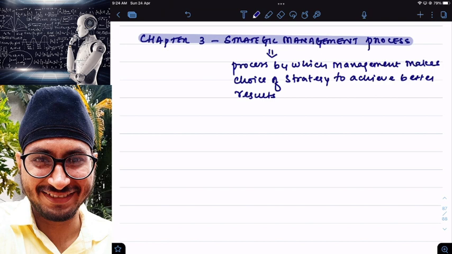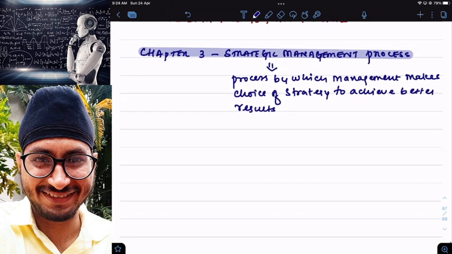Sir, when a company prepares a strategy, when any business prepares a strategy, it prepares multiple strategies. Out of those multiple strategies, selecting the best strategy to achieve the result I want is called strategic management process.